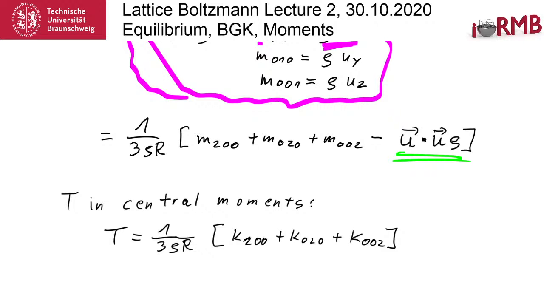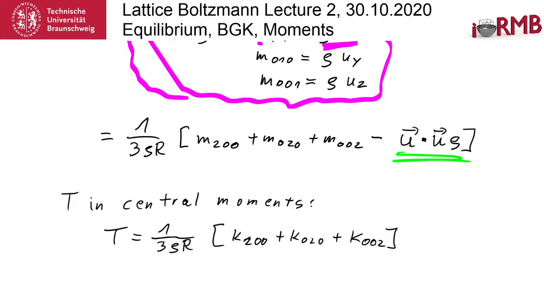This would be so if we had the entire tensor, but since a moment in xy, so 1, 1, is the same as yx, there's no difference, and so we have only 6 independent moments. This as an answer to what was previously written here by one of the colleagues.